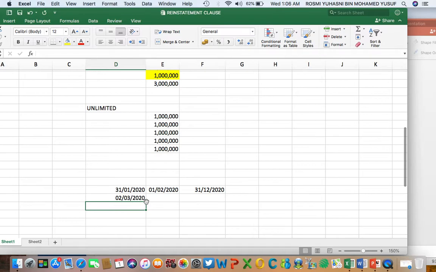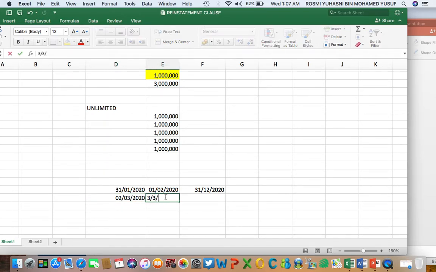In this case, it is not possible to use per month because you have to use per days. How many days are left after the 2nd of March? Meaning from the 3rd of March 2020 up to 31st of December 2020. So you have to calculate in terms of 365 days.